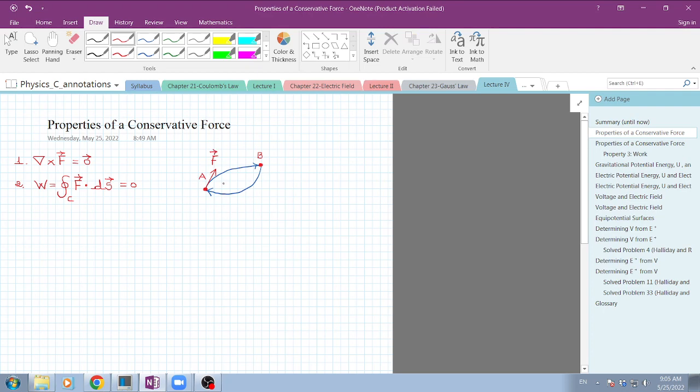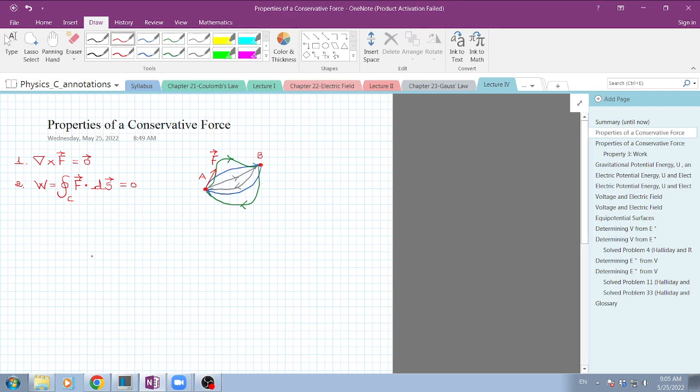Doesn't matter the way you go. If you go like this, or if you go like this, and then come back this way, this work is going to be zero. That's one of the main properties of a conservative force.